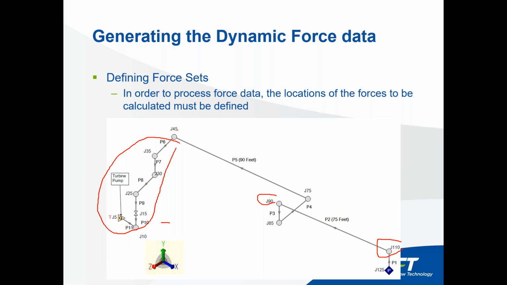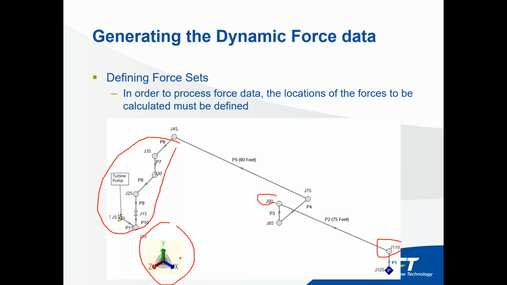I have added here the coordinates from Caesar because we're going to use them to determine in what axis the force is applied. Another thing is, for Impulse, the force is positive in the sense of the flow.